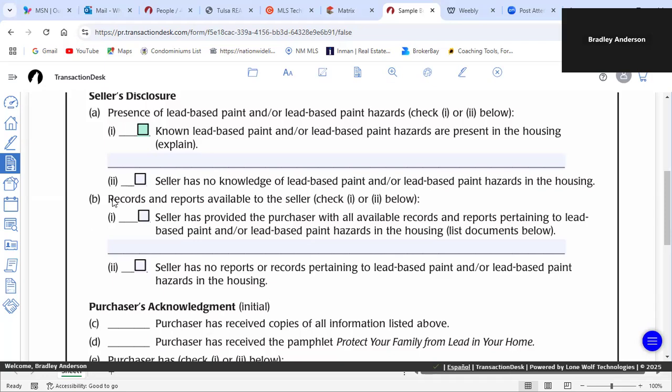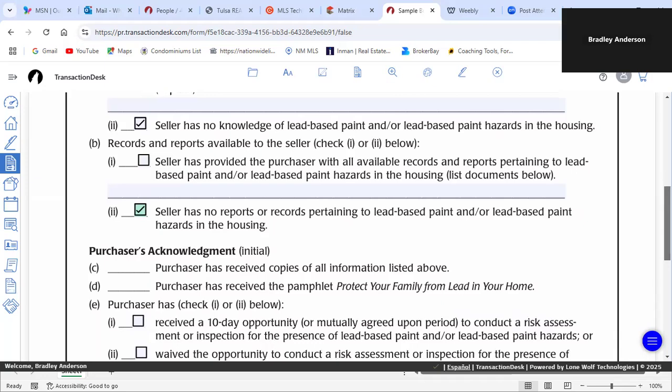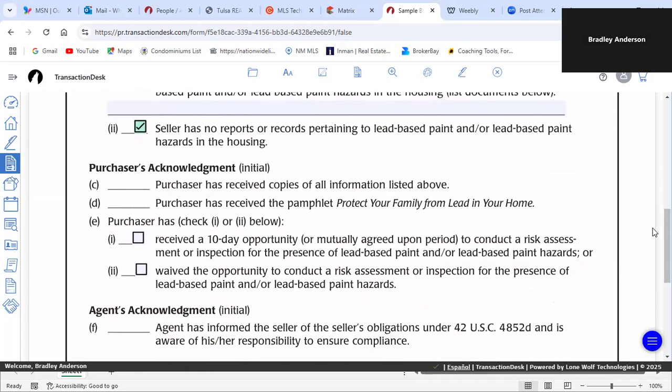So let's say that the seller has chosen, I have no knowledge of any lead-based paint, and I certainly don't have any reports. This is probably what you're going to run into most of the time. Then this is what's going to be presented to the buyer. The buyer then has options. The buyer can initial here that either discloses that the purchaser has received copies of all information listed above.